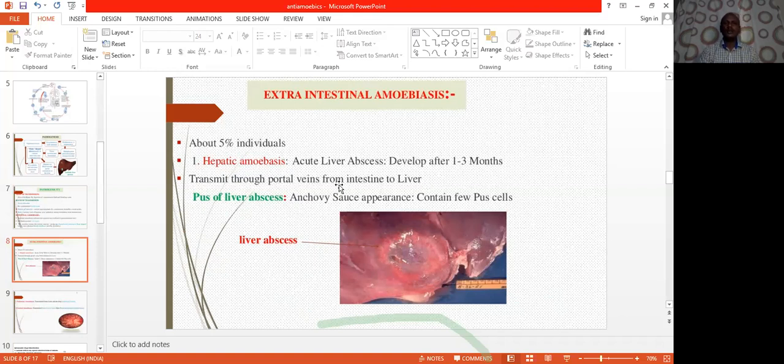The invasive form is first in the large intestine, and from there it transmits through the portal veins to the liver, where it is converted into the cyst form and forms the liver abscess.